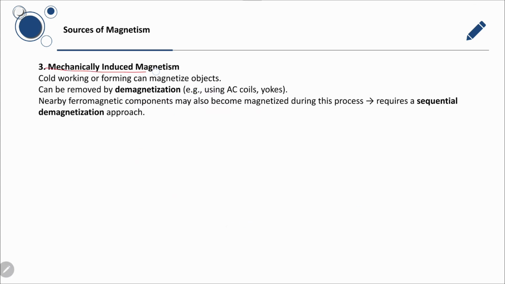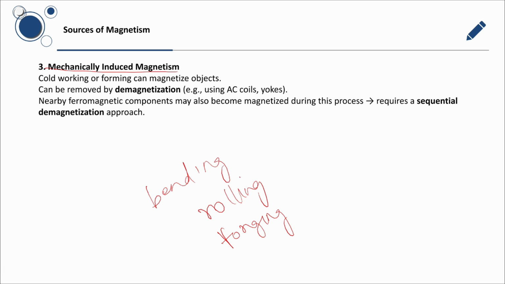Next, mechanically induced magnetism. Magnetism can also be mechanically induced in ferromagnetic materials. Mechanical force like bending, rolling, forging, and hammering or cold working can align magnetic domains in ferromagnetic materials.